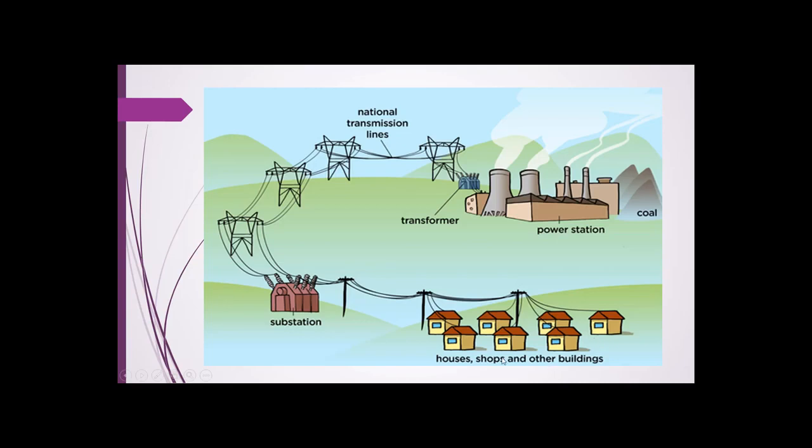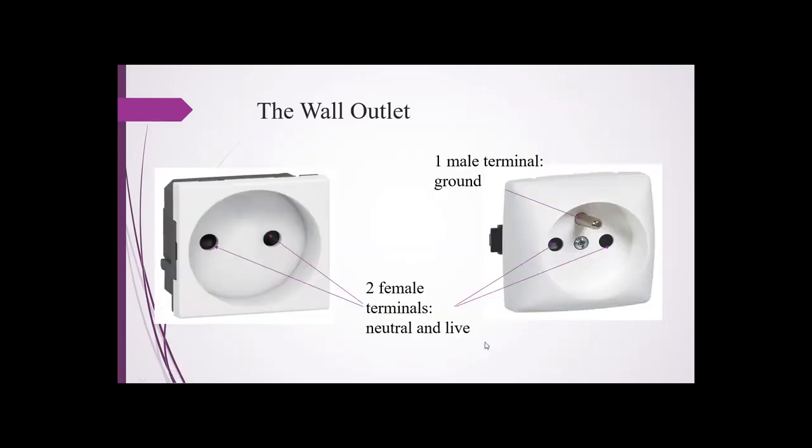But how does this electricity feed electric appliances or devices inside houses? As you might know, through the wall outlets. So to turn on an electric device, we should plug it in a wall outlet. In Lebanon, in our houses, we might find 2 types of wall outlets.